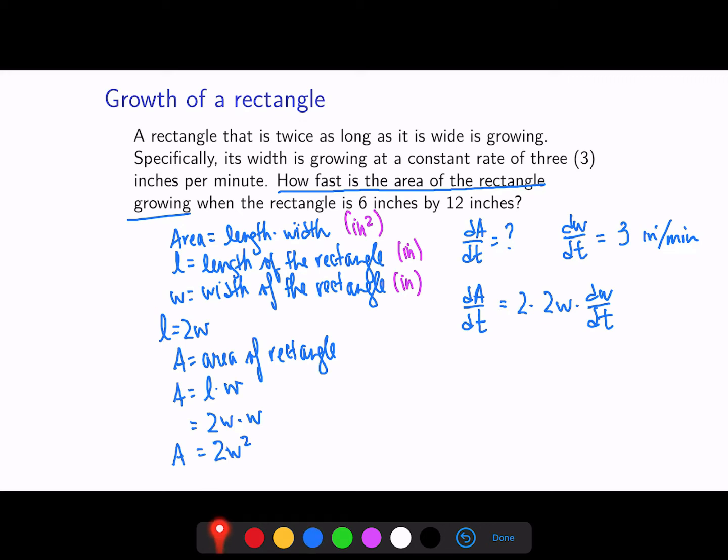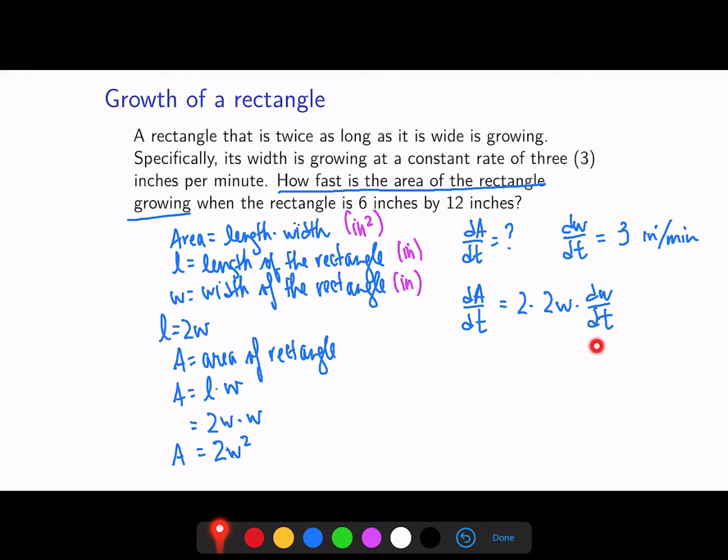Note that this 2 is this 2, and this 2w comes from the power rule on this w squared, so the derivative of w squared is 2w. And then because we're thinking of w as a function of t, it's changing over time, implicit differentiation has us multiply, because of the chain rule, by the derivative of w. Okay? So we've got dA/dt, which is what we're looking for, which is great.